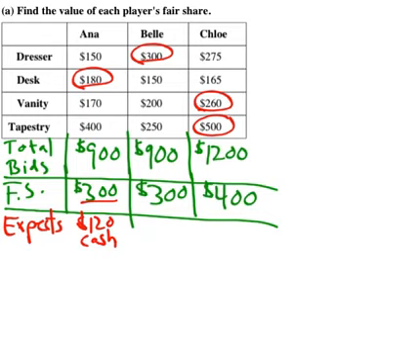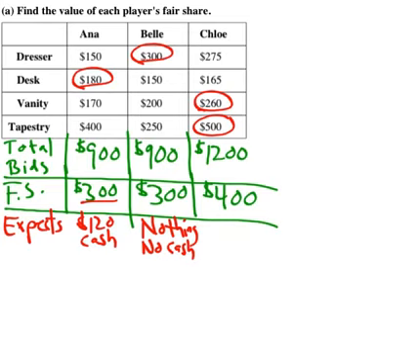Belle has a $300 fair share, and she's getting a $300 dresser. She breaks even. She expects nothing. All Belle is going to get right now is that dresser.